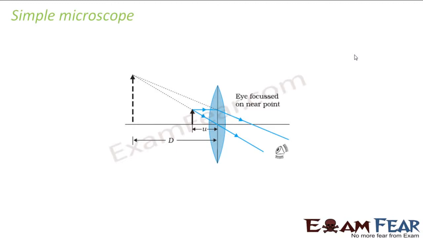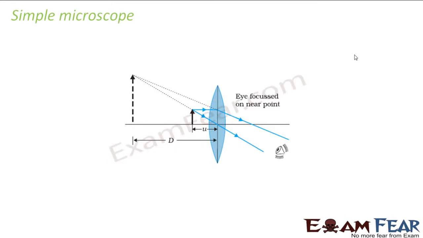For example, in the microscope in your lab, if you want to see some tiny object, you don't keep that object miles away and then try to view it with the microscope. You keep that object closer to the microscope and then you view it. That means the distance of the object from the microscope is very small. So the object is very close to the lens, and what we want is a magnified as well as erect image. For this, a convex lens is a suitable lens.